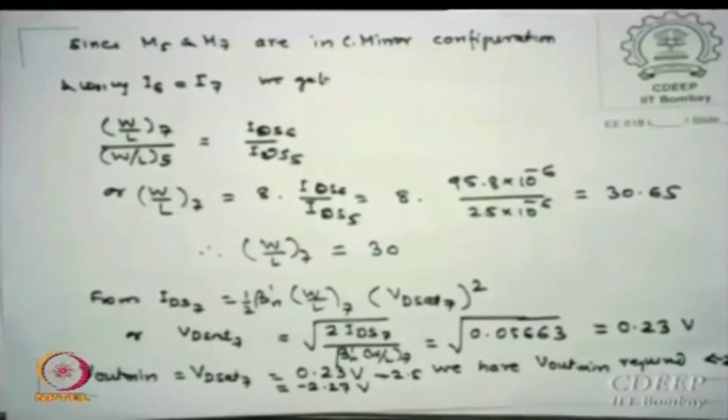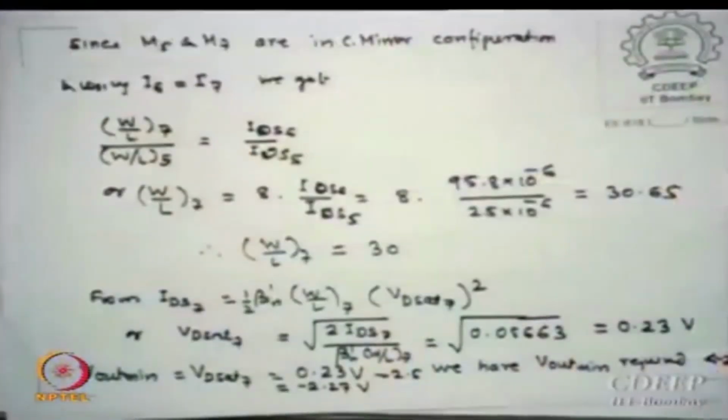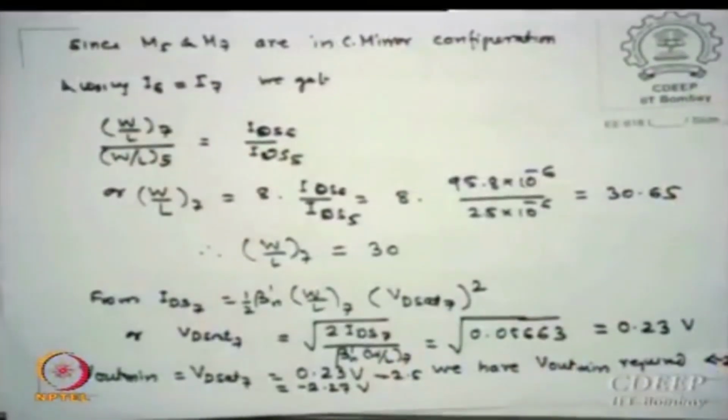Remember, what is the best swing you should have? VSS to VDD. Any amplifier output, if it can swing from VSS to VDD, is the ideal situation. If you can further go down towards VSS, still better. Okay. So nothing goes wrong if I go below minus 2, because we are actually expecting ideally full rail to rail, which probably may not happen because of saturation. What is this condition trying to say?